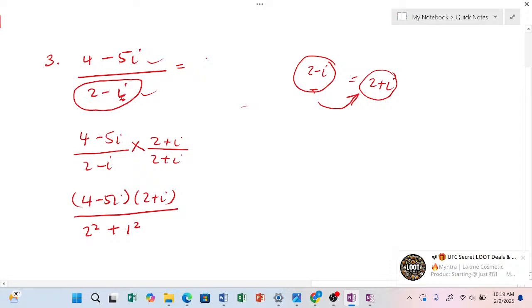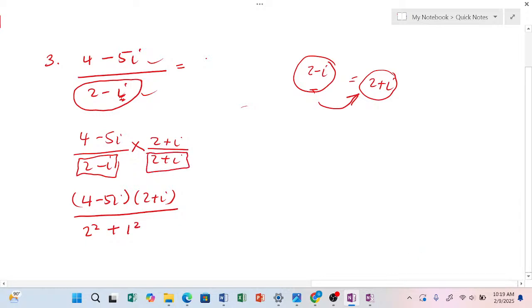You know the trick there, right? I've already established the trick. This and this, they are conjugates, and you know that z times its conjugate is equal to x squared plus y squared. This is my x and this is my y. The coefficient of the i is 1, so 1 squared, right?